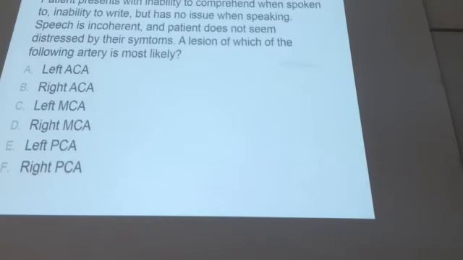Patient presents with inability to comprehend when spoken to, inability to write, no issue speaking, speech is incoherent, and patient does not seem distressed. Which of the following lesions? He has no issue speaking. What do you guys think this guy has?